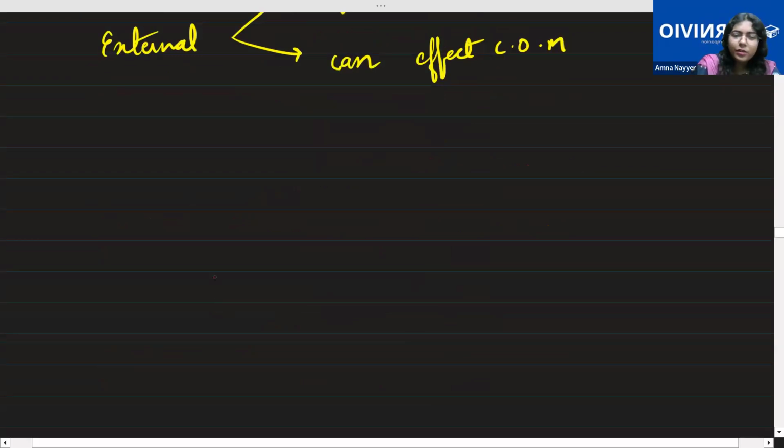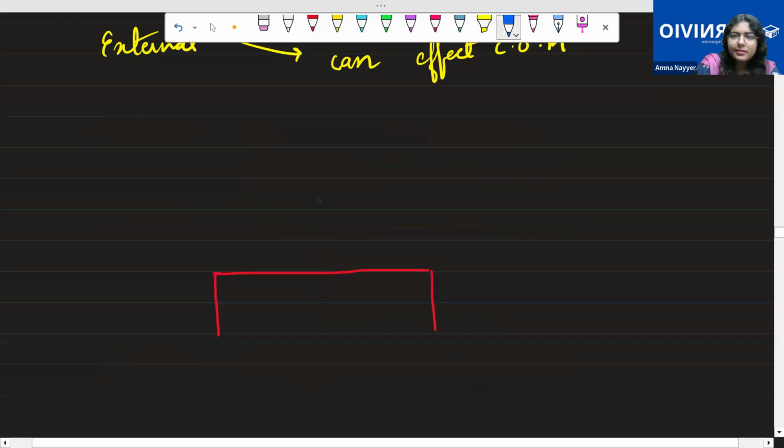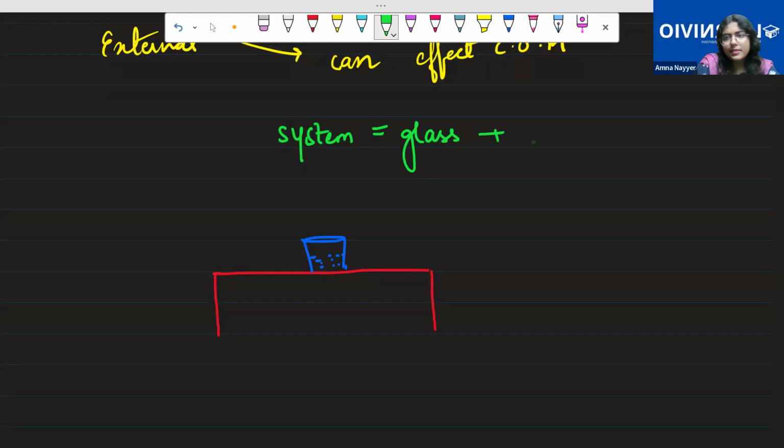Let me give you one more small example. When you write it in your notebook, write everything in detail, in your own language, so that you remember. Let's say there's a table, and on that table there's a glass of water. My system right now, as I do some experiments, is the glass plus the table.